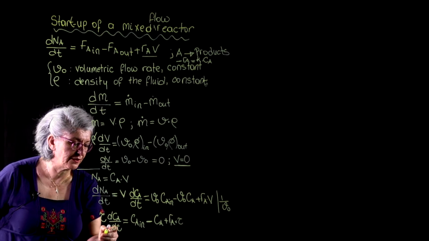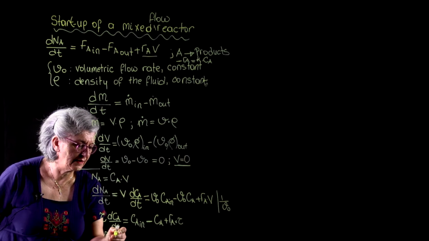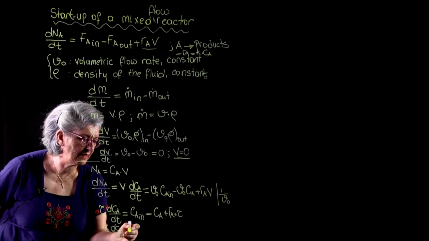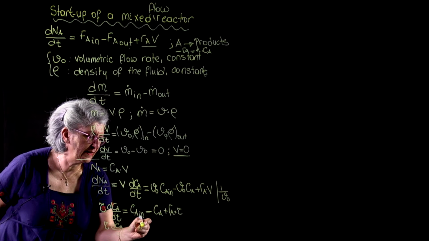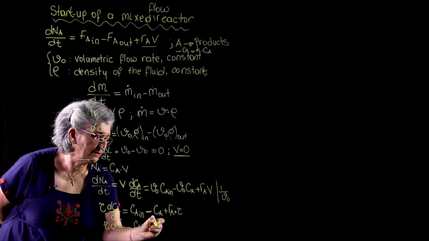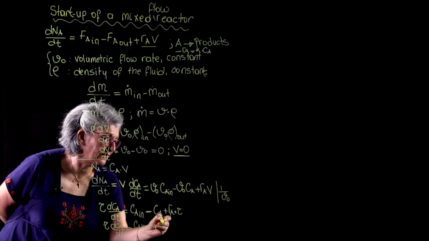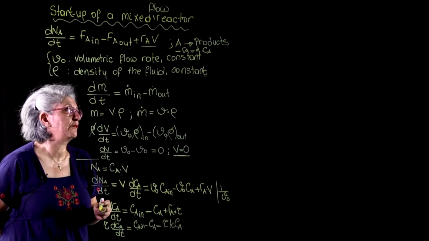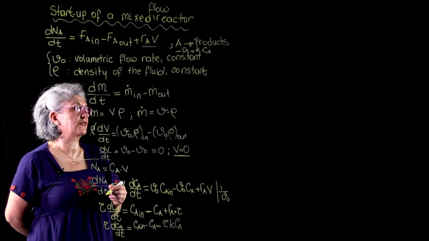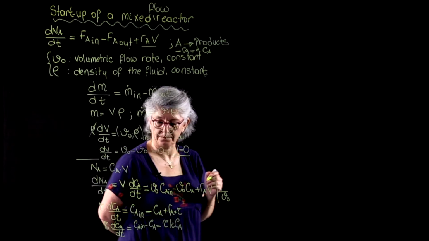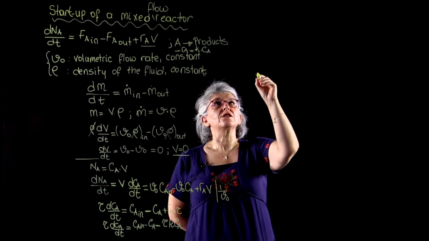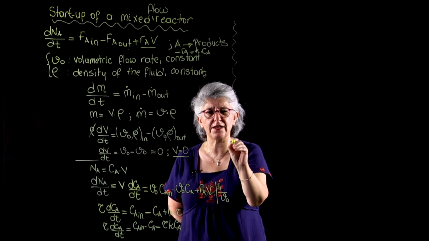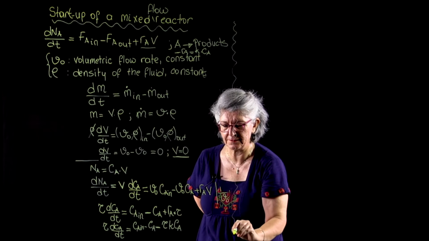And my final expression will be tau dCA over dt, that is equal to CA in minus CA minus tau k CA. And I will rearrange and solve this equation in the other frame. So now let's divide our board for the problem definition on one side and problem solution on the other side.